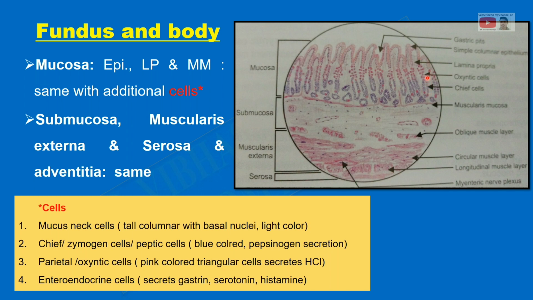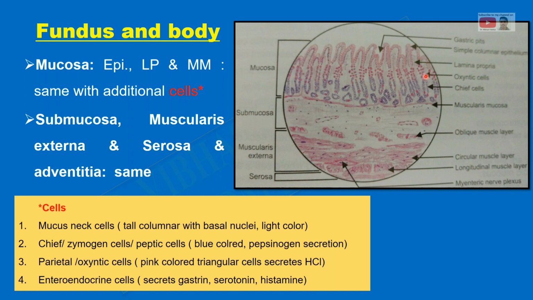Then you can see another cell, the parietal or oxyntic cells. Here we can see the parietal or oxyntic cells. They are pink colored triangular cells, and they secrete HCl.